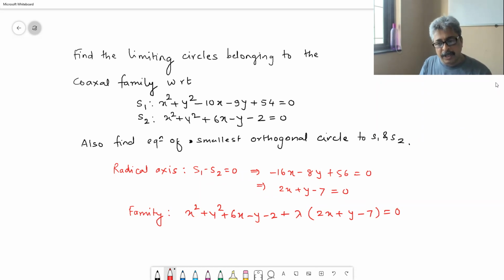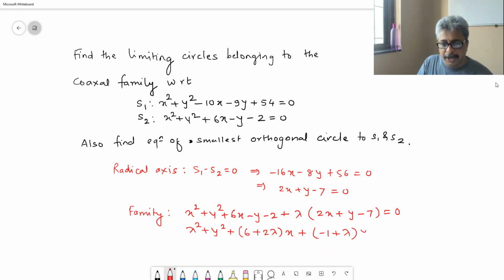And now we want radius to be 0. So maybe you can write one more step like this: x square plus y square plus 6 plus 2 lambda times x plus minus 1 plus lambda times y minus 2 minus 7 lambda is equal to 0.